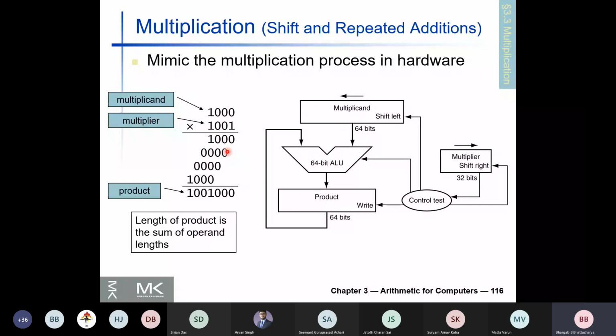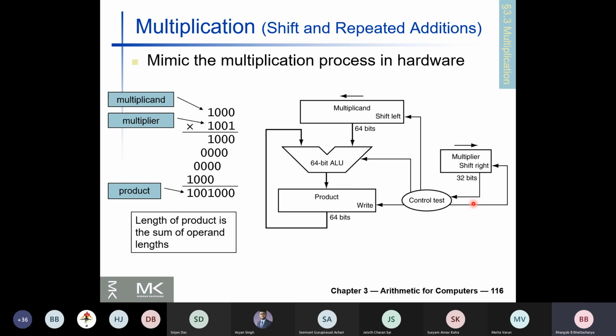The only thing is that this partial product term has to be shifted a little bit. That's why there is a shift left mechanism here. So this multiplicand can be shifted towards the left at each step, regardless of whether the rightmost bit of the multiplier is 0 or 1. As soon as you are done, you shift the multiplier towards the right so that you can now examine the next bit here.